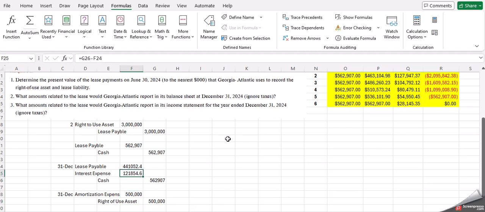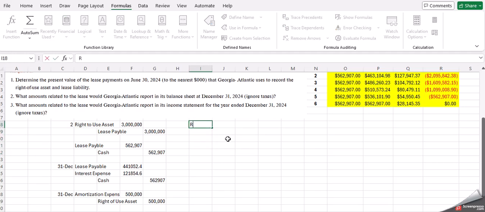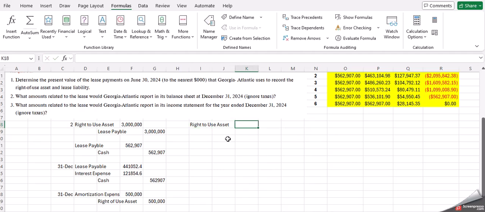So if we think about it, what would be on their balance sheet at the end of the year? They would have the right to use asset. They would start it at the $3 million. Then they would have reduced it by the 500,000.